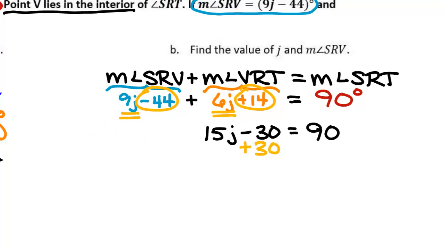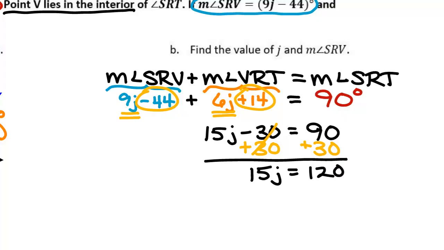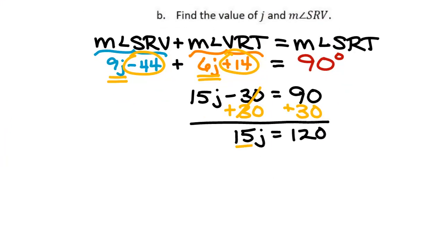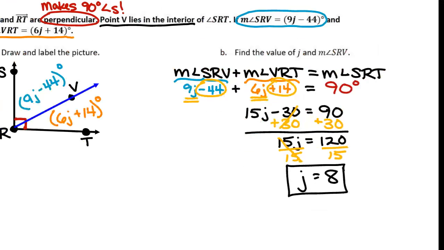Then we add 30 to both sides. So that would be 15J equals 120. Then we divide both sides by 15. What is 120 divided by 15? 8. So J is 8.